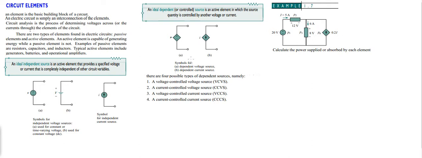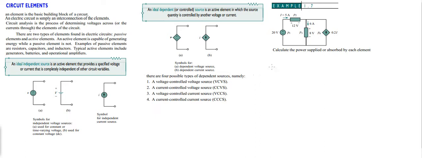So we have four possible types of dependent source, namely: voltage controlled voltage source, current controlled voltage source, voltage controlled current source, and lastly the current controlled current source, CCCS.